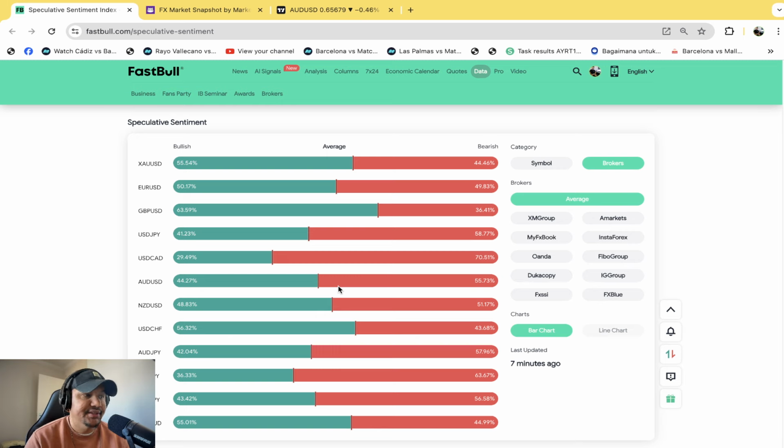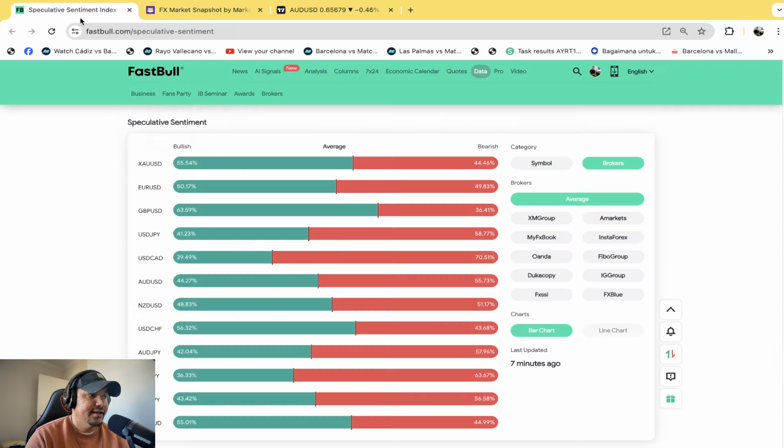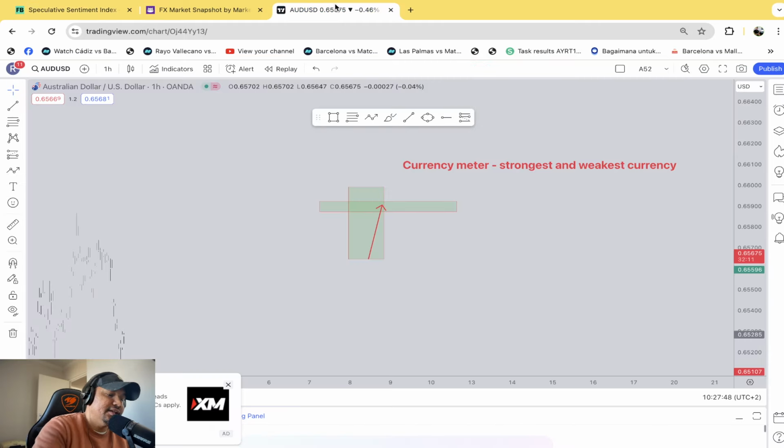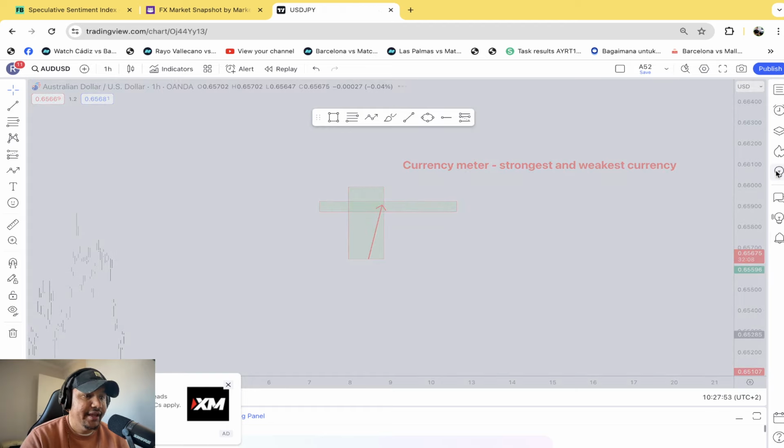I hope that makes sense, right? We look at the currency strength meter. If the currency strength meter tells us that the dollar index is strong and the JPY is weak, then this needs to tell us that more people are doing the opposite of that to give us that confirmation to get into the market. Let's look at another example, which is USD/JPY, very quickly.